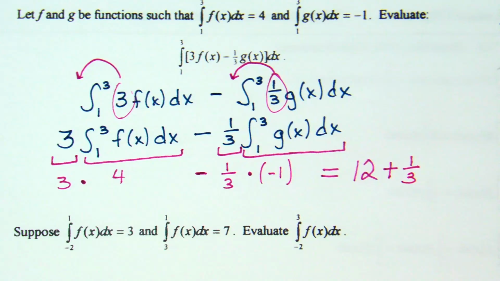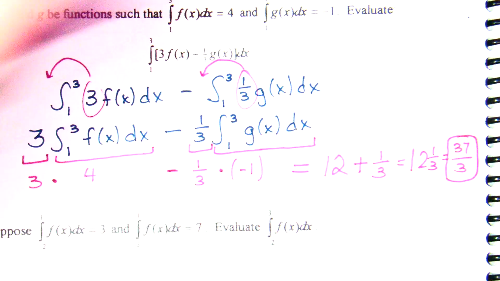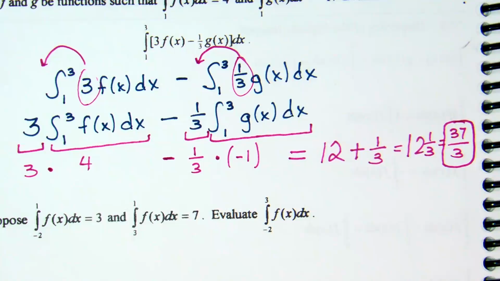So my brain says 12 plus 1/3, which is 12 and 1/3, which does become 3 times 12 plus 1, 37/3. 12.3 repeating, 12 and 1/3. We just don't do a lot with mixed numbers at this level of math, but that was the easiest way for my brain to convert. Did we make it there one way or another?